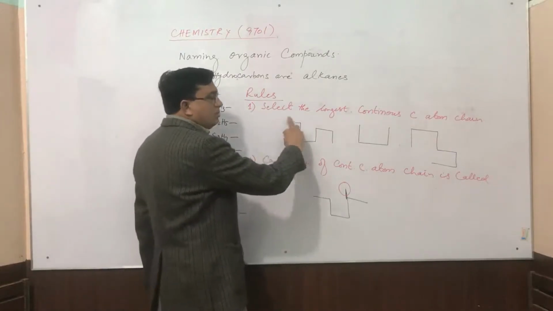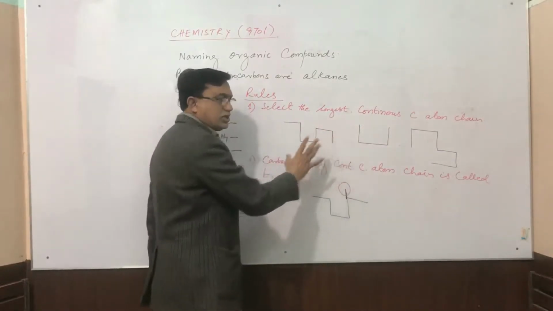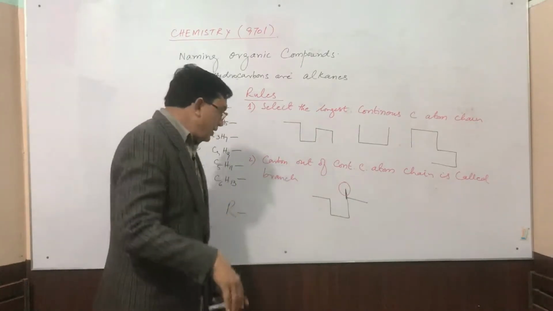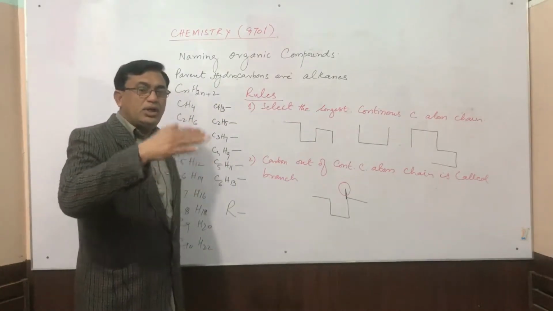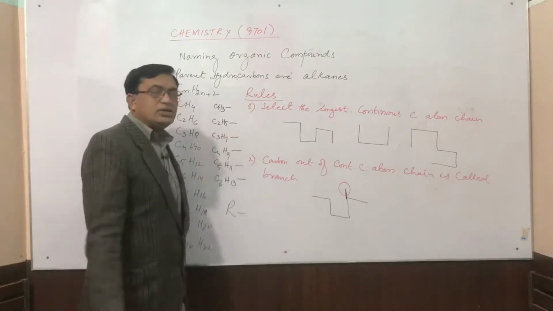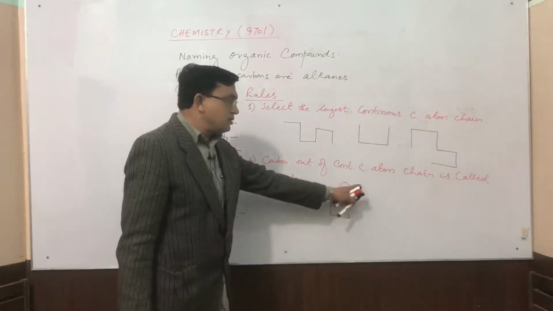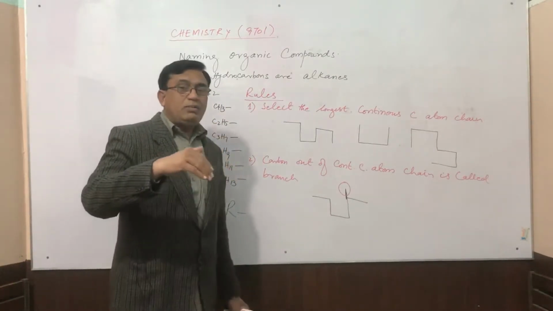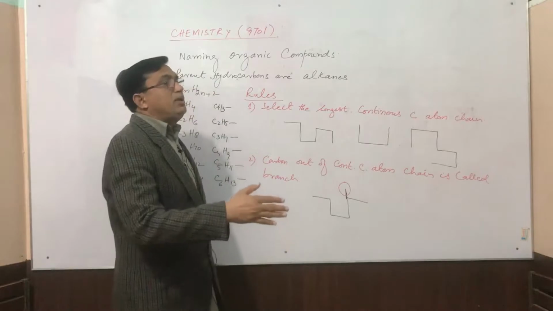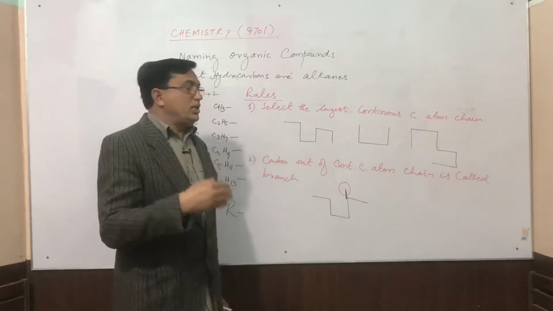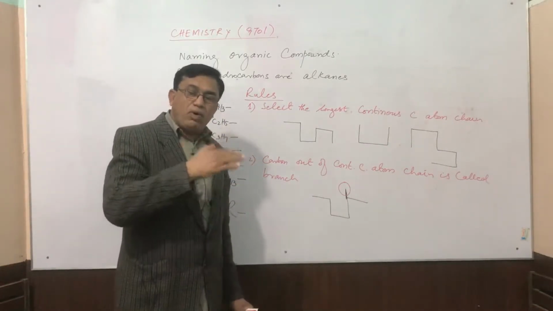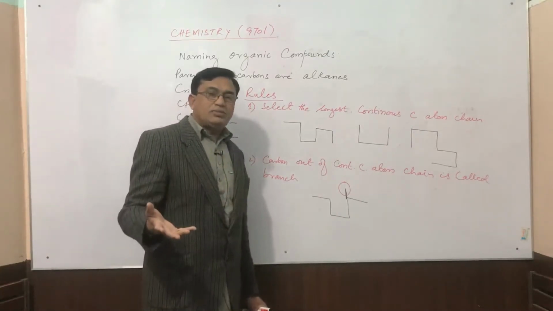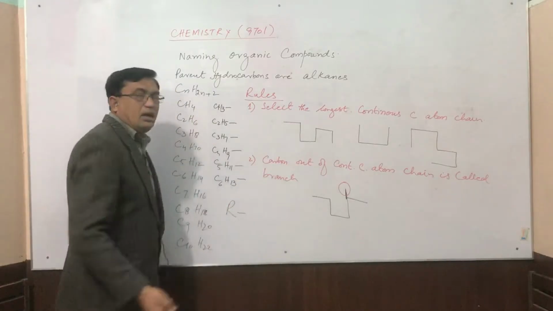The continuous carbon atom chain is called the stem, and these carbon atoms or alkyl groups which are not included in the continuous carbon atom chain are called branches. Now there might be one branch, there might be more than one branch, there might be the same type of alkyl group as a branch, or there might be different types of alkyl groups as branches.